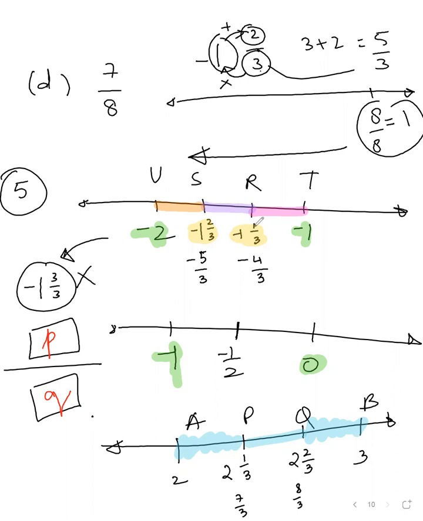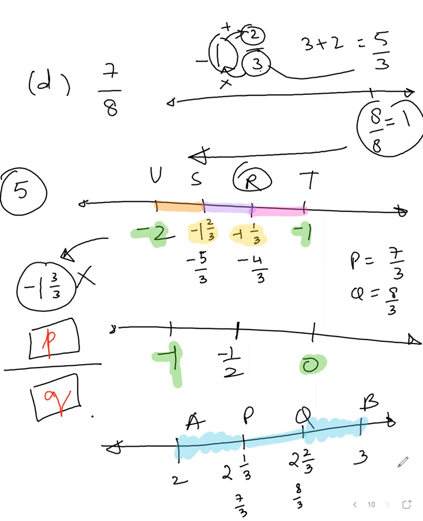Now in your answer you will write P is equal to 7 by 3, Q is equal to 8 by 3 and so on. ठीक है, R is equal to this, S is equal to this. इस तरह से लिखना है आपको, ठीक है? Okay. Shall we move?